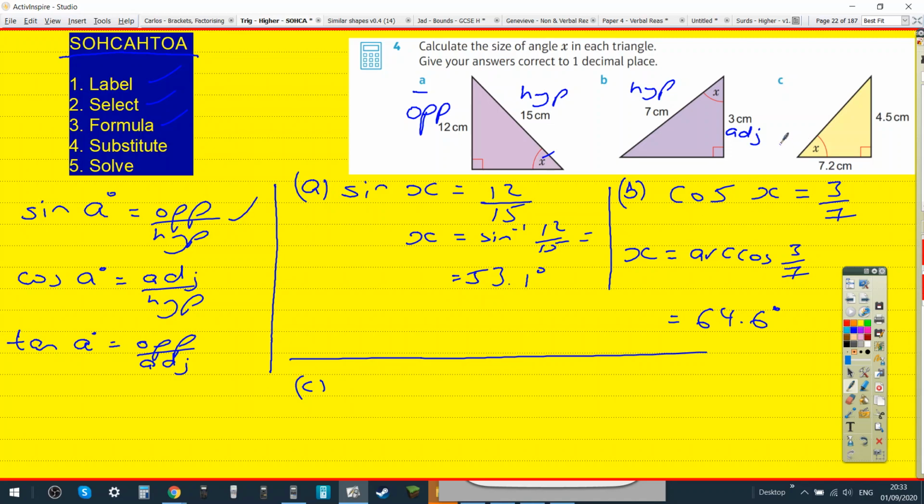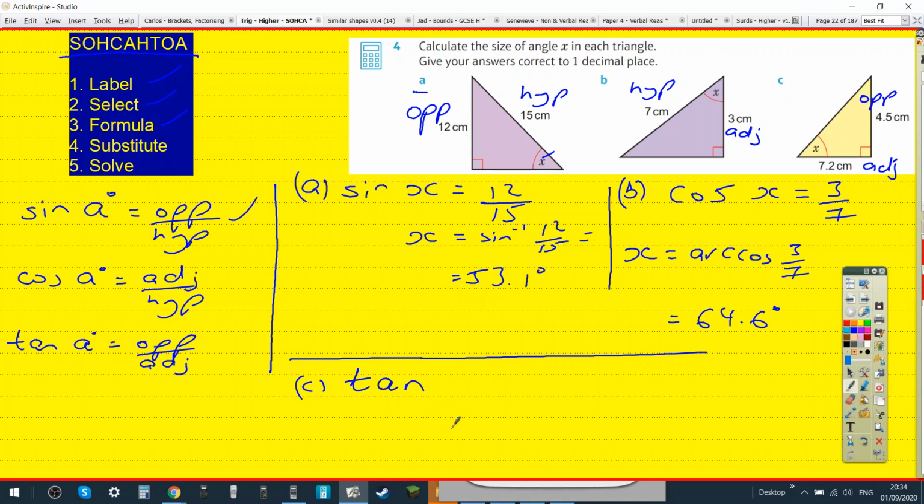And how about question C? 7.2 is the adjacent, and 4.5 is opposite. Then that means it is tangent.